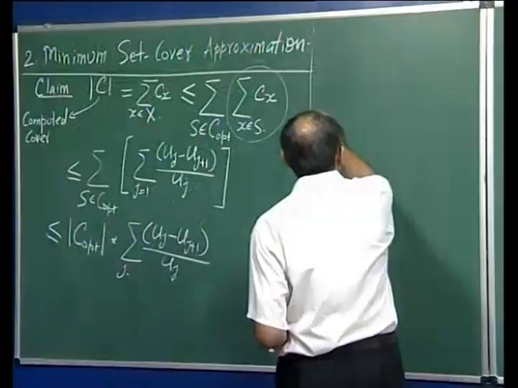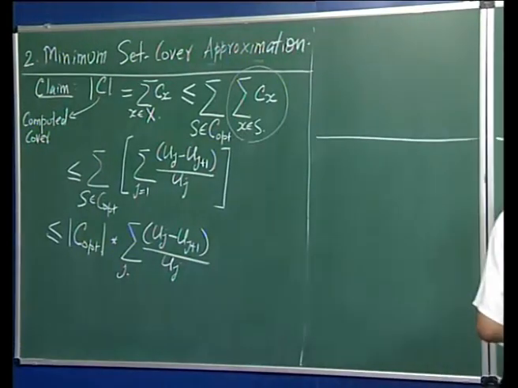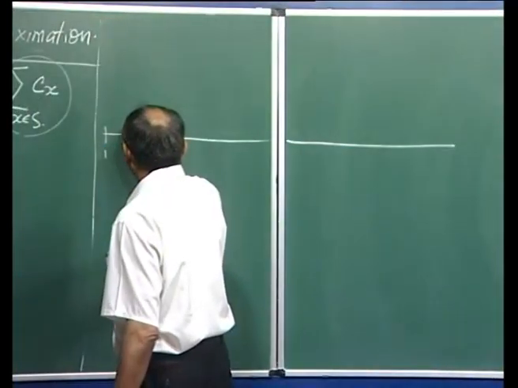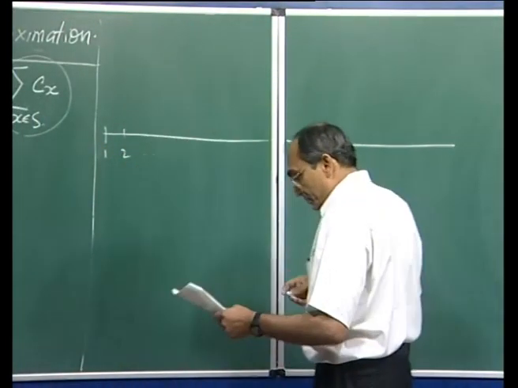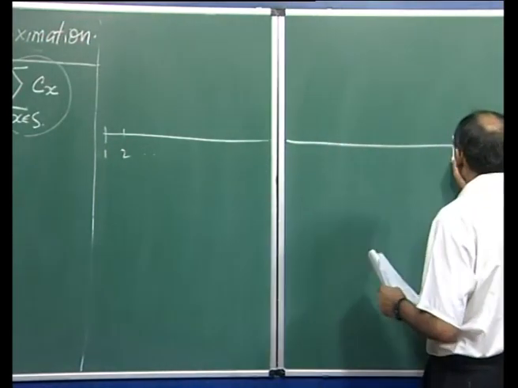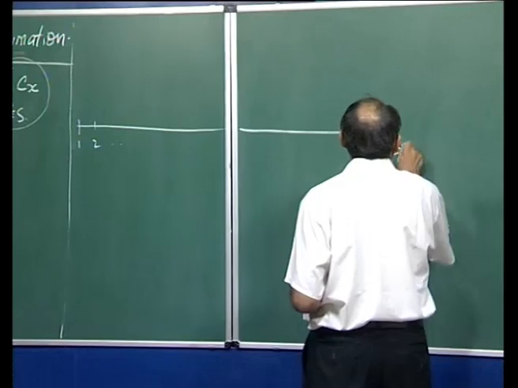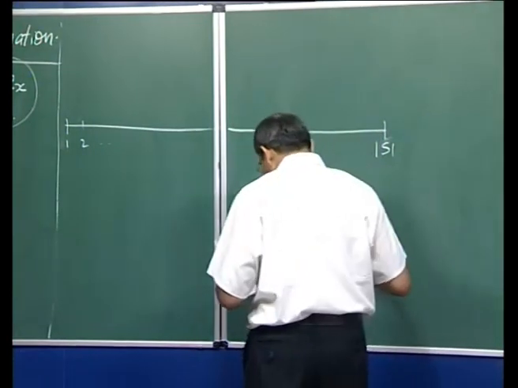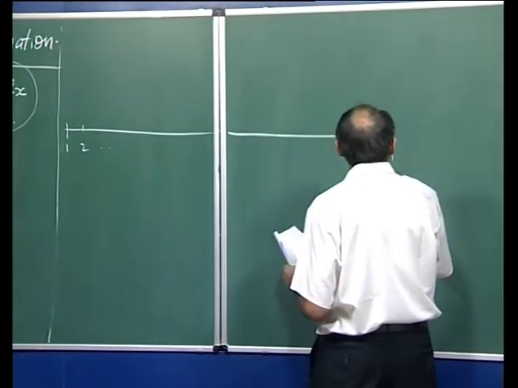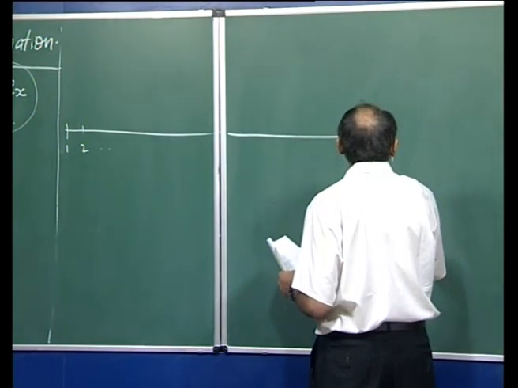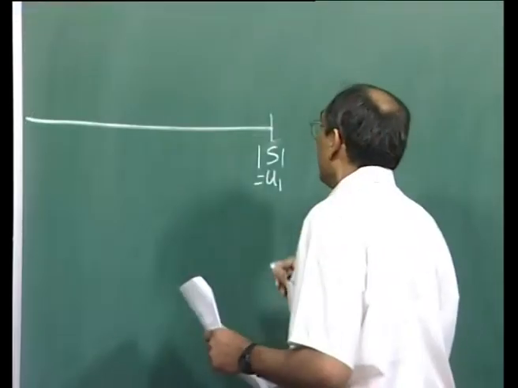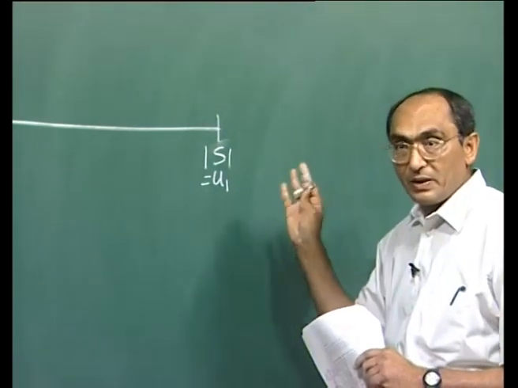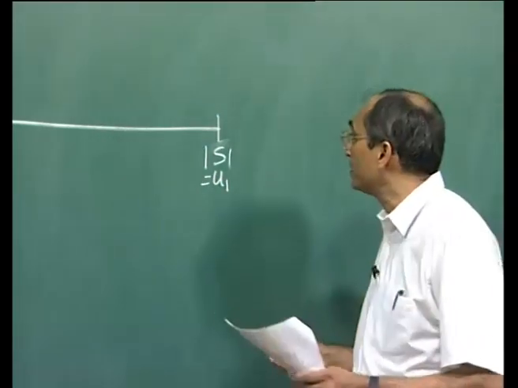Let us say we write down the elements of S as element number 1, 2 and so on. Over here we have element number mod S. Our definition says that this is U1, the elements that are not covered when nothing was taken into account.